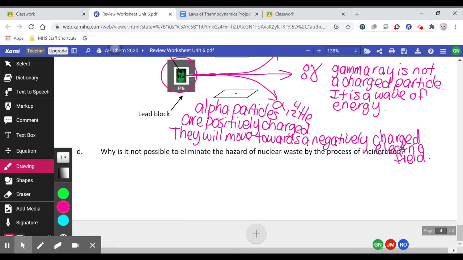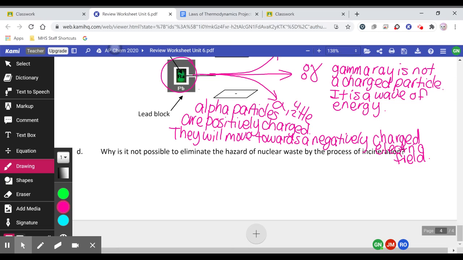What part of the atom is affected during a chemical change? The electron cloud is affected, right? We have that exchange of electrons, right? So the electron cloud is affected during a chemical change like burning, right?